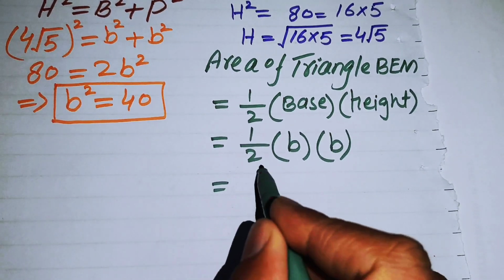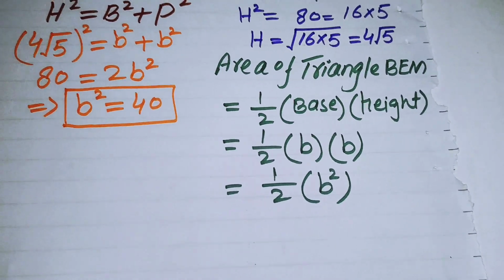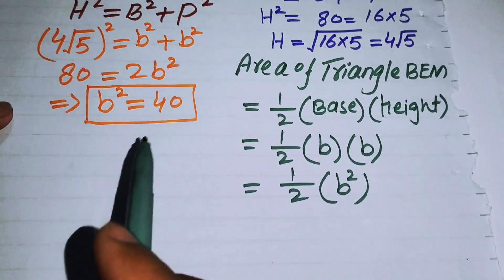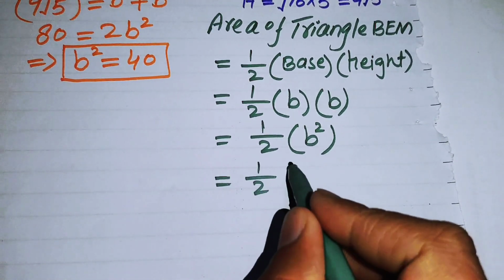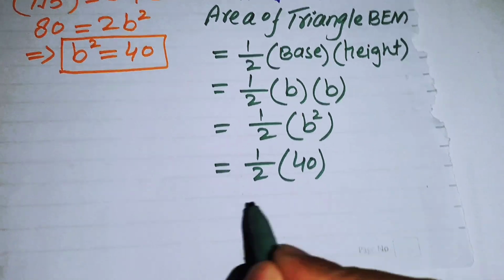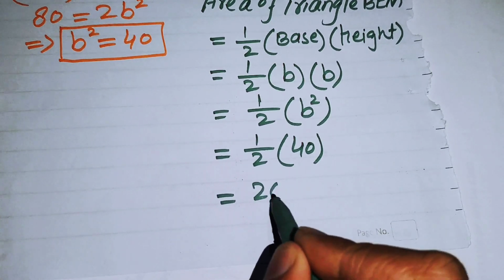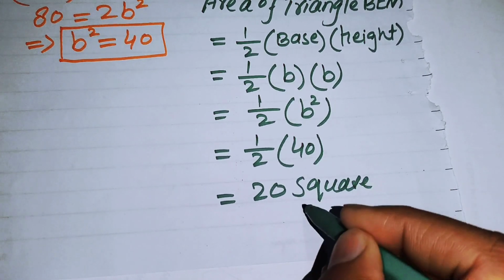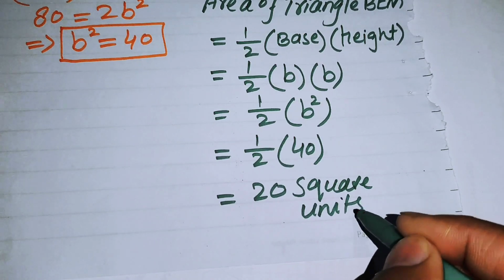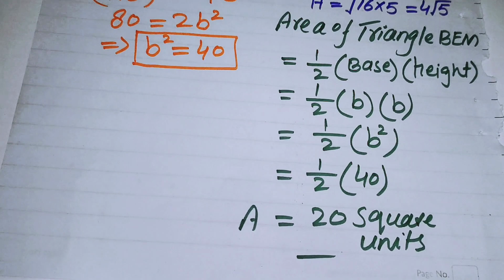Now you get 1 over 2 times b square, and we found that the value of b square is 40. So you put this value here and you obtain half times 40, and when we cancel these terms, you get 20 square units. So this is the area of the given right triangle, and this is the final answer.